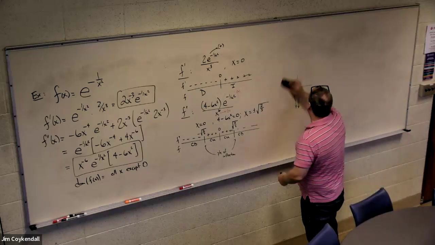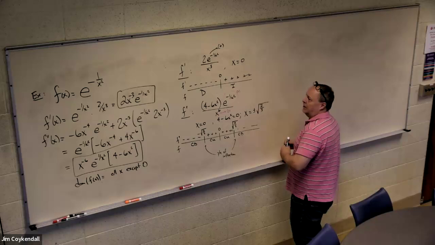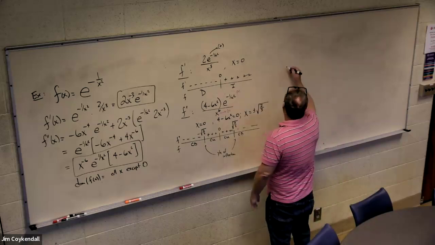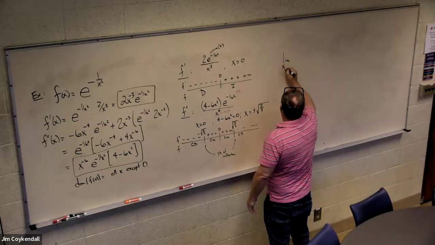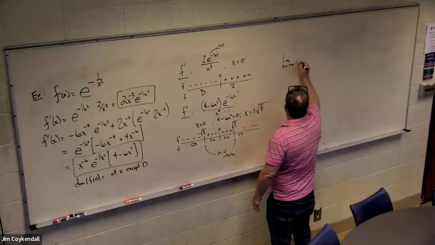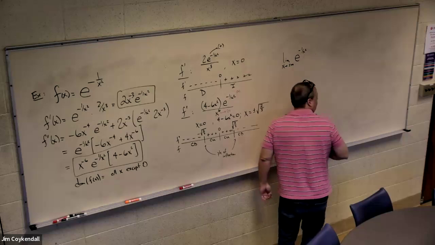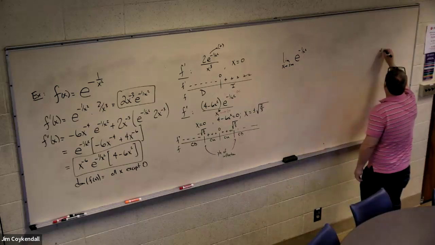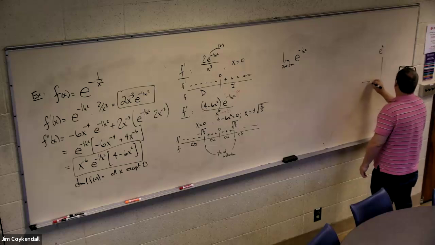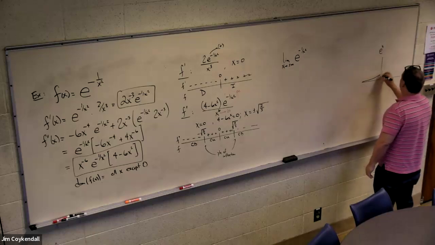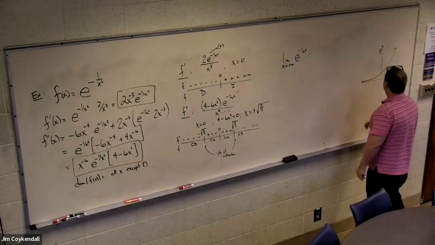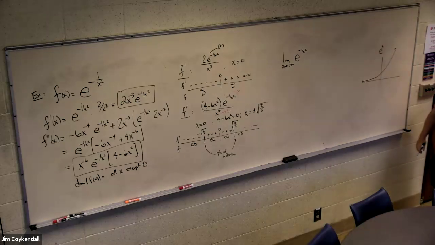So let's see if we can do a more in-depth analysis to see what happens. Let's look first at the limit as x goes to plus or minus infinity of e to the minus 1 over x squared. And this might help. I'm going to quickly sketch a picture of our old friend e to the x to see what that looks like.